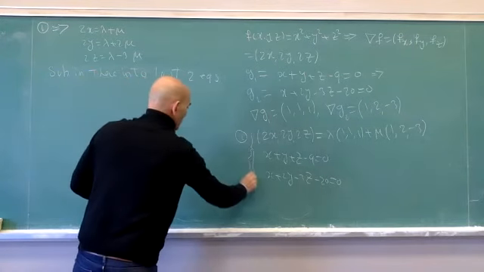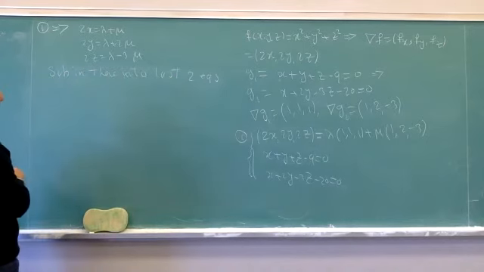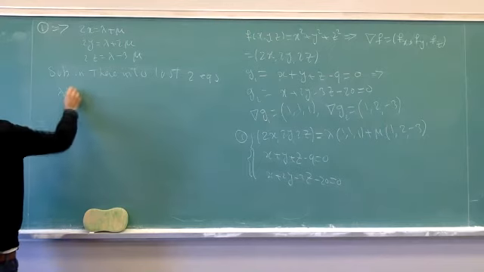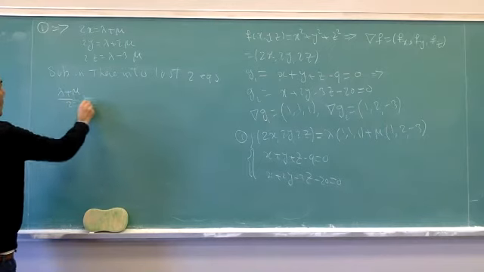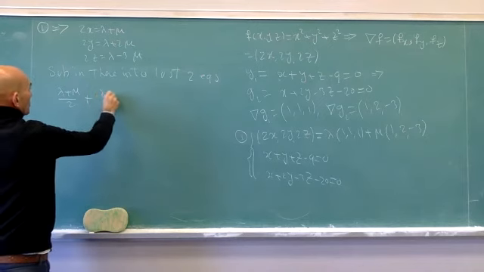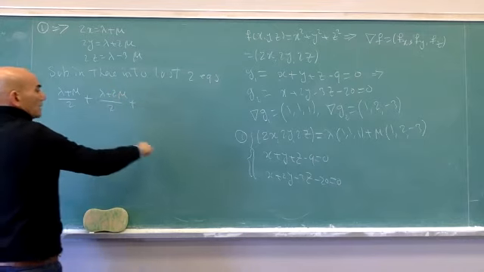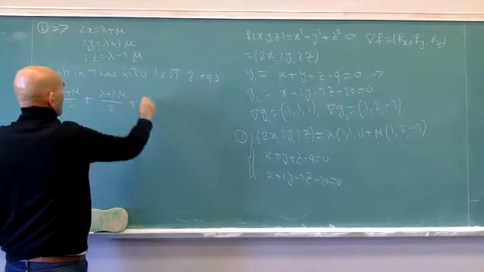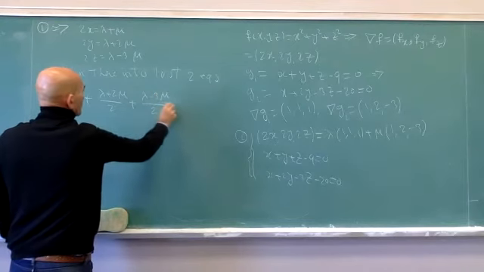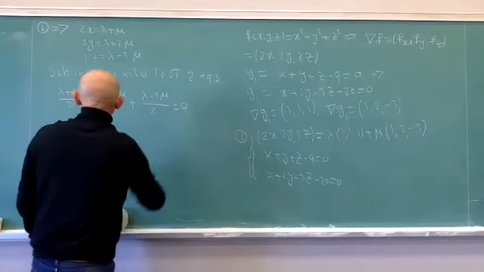So the last two equations are these ones. I've got x plus y plus z minus 9 equal to 0, where x is equal to (lambda plus mu) over 2, and y is (lambda plus 2 mu) over 2, and z is (lambda plus 3 mu) over 2, so that equals 9.